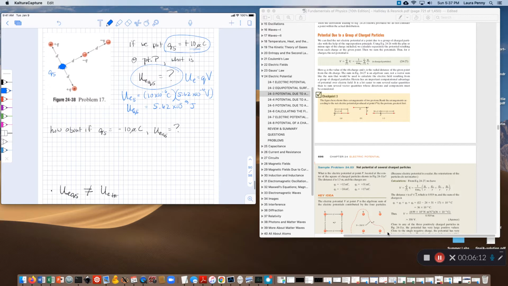I mean, if I put a Q5, if it's a negative instead, then again, this would be a -10 times 10 to the -6 coulombs, again, times 5.62 times 10 to the -4 volts. So this is an electric potential energy of -5.62 times 10 to the -9 joules.